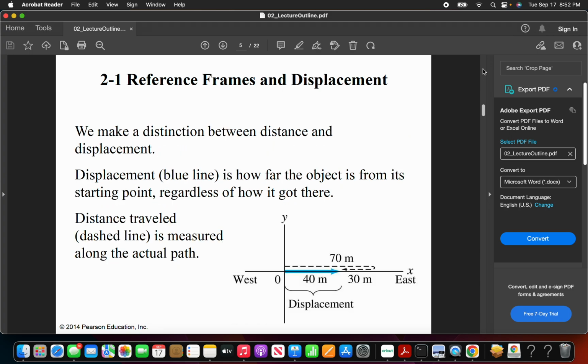So that leads us to a discussion of the difference between distance and displacement. Okay. Displacement is how far the object is from its starting point, regardless of how it got there. Okay? And distance is the actual measured path that you travel.